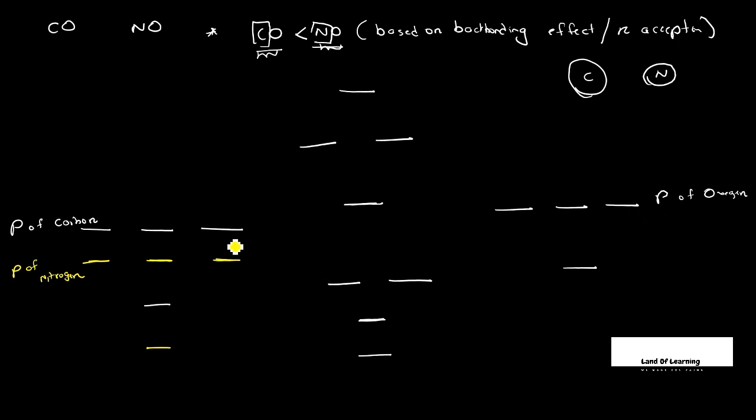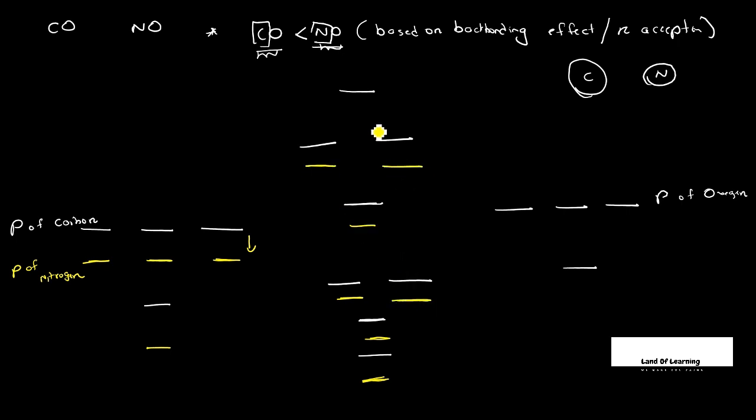But because these atomic orbitals change their energy, the molecular orbitals will also change. When it comes to nitrogen, it has reduced its energy, so the molecular orbitals are also reducing their energy, like this. The yellow color represents nitrosyls.